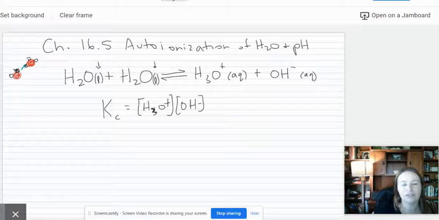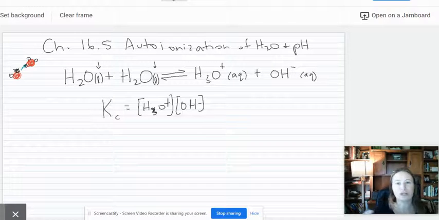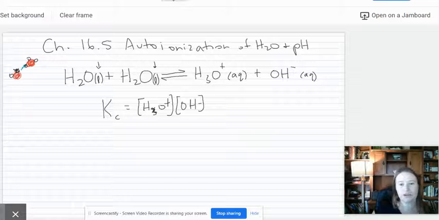The L afterwards means that those do not go into my equilibrium constant expression. So there is no denominator for this equilibrium expression. And because this is a very special equilibrium constant, just like we did with the acids, we're going to get rid of the C, and we're going to call this Kw, for the ionization constant of water.